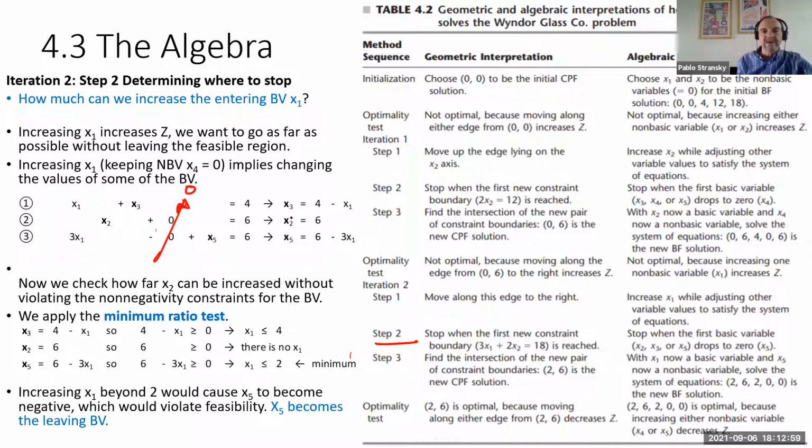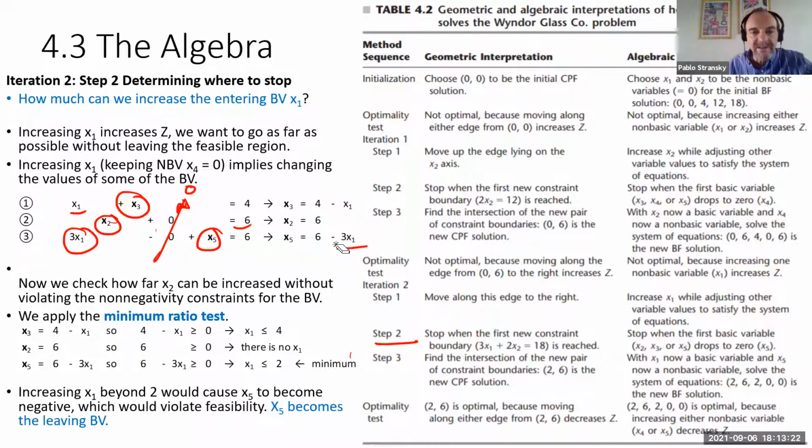So x3 is going to be equal to 4 minus x1, x2 equals 6, and x5 will become equal to 6 minus 3x1.